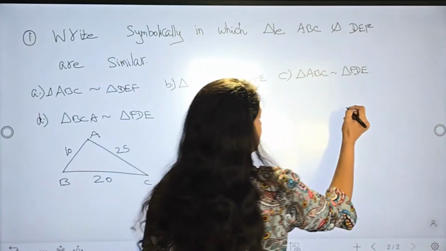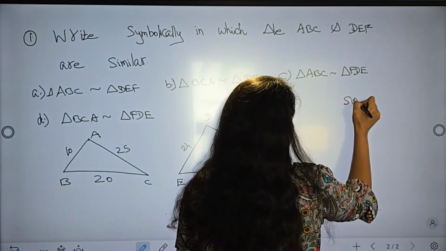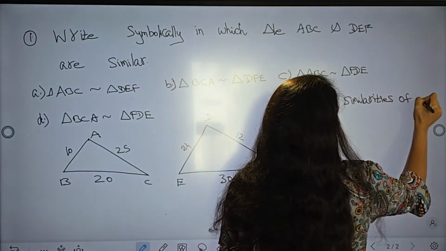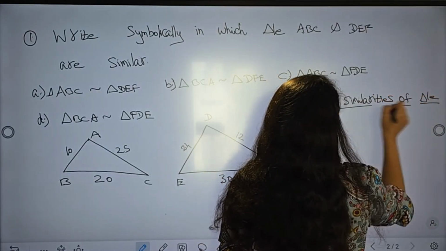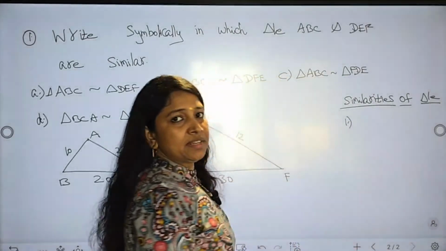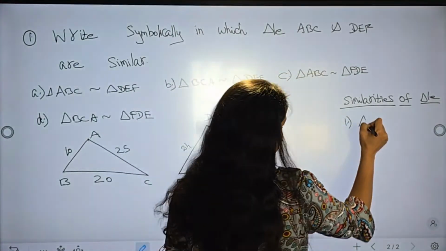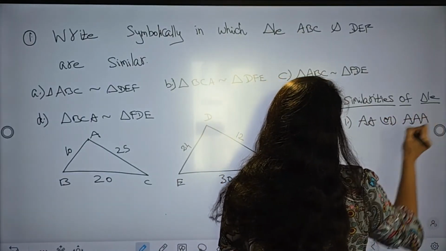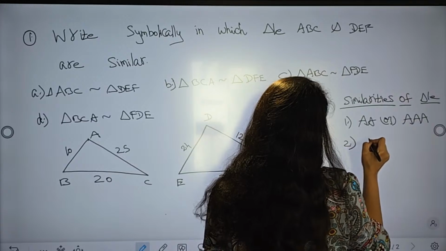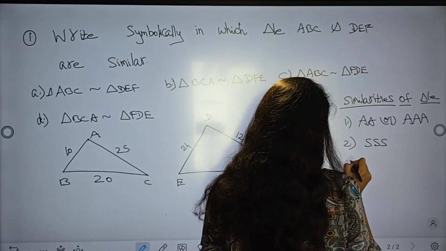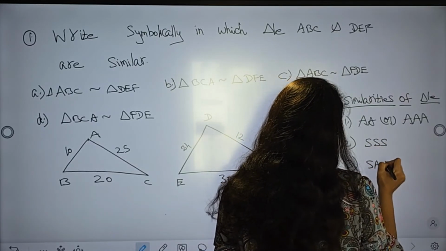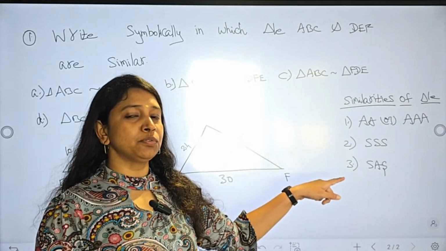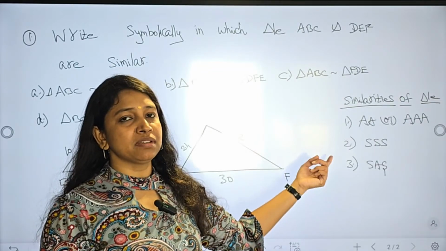Similarity can be proved by either AA, or AAA, or SSS, or SAS. So using any of these categories, you can prove triangles to be similar.